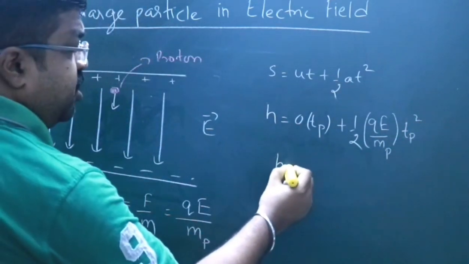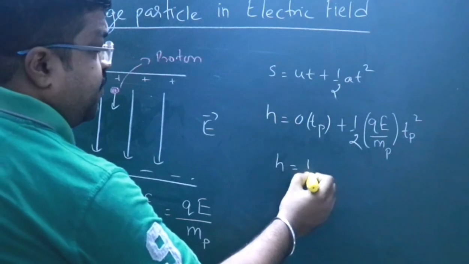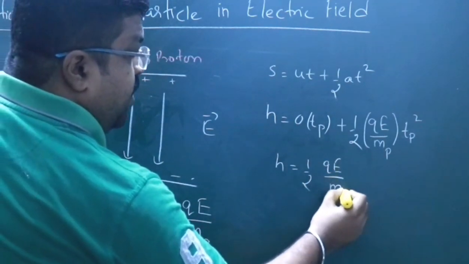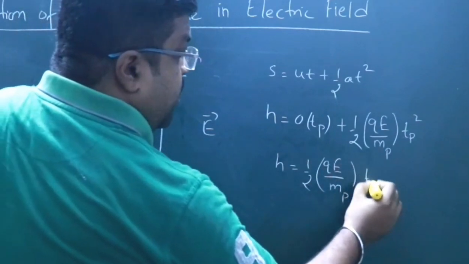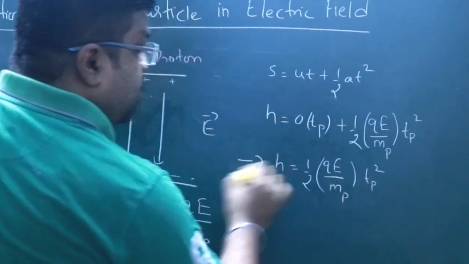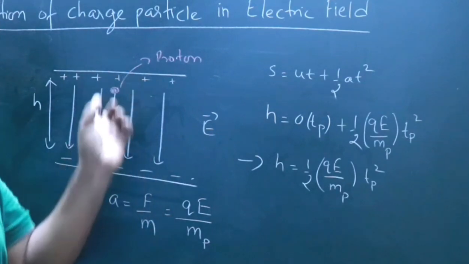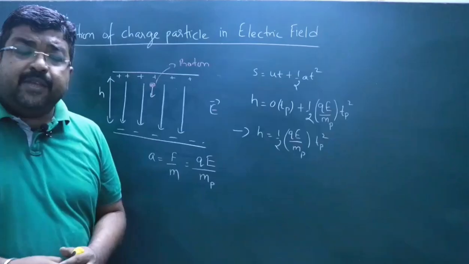So this becomes H is equal to half QE by MP Tp square. So this is the case when the proton is dropped from this point to this point, okay.